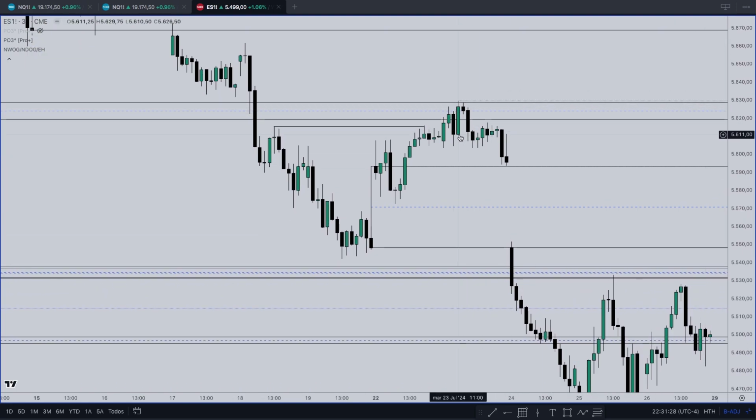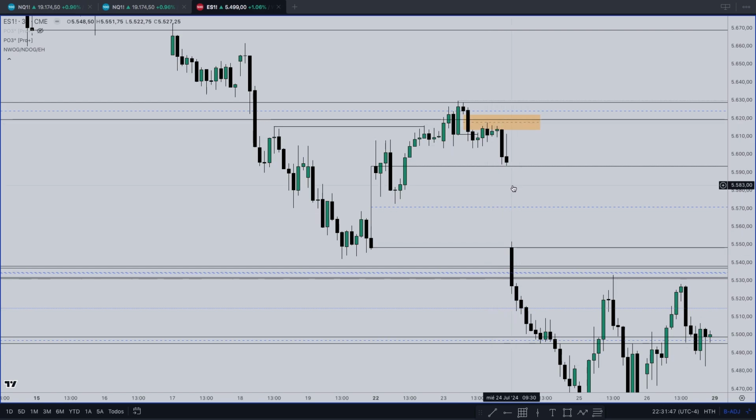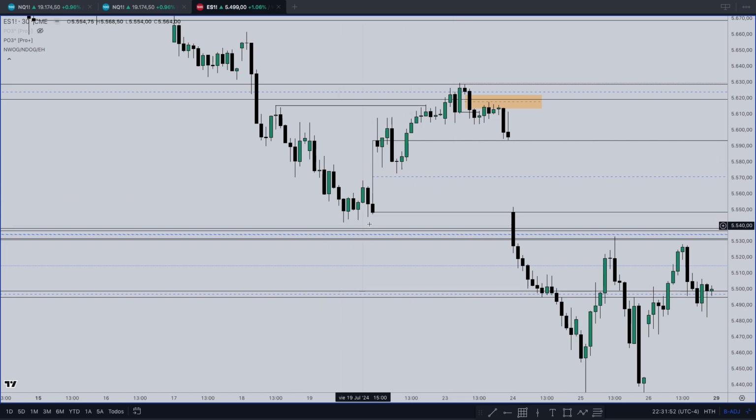We close below this opening price level here in this candle. This is a change of state of delivery, and now we retrace to the 50% of this gap and move aggressively to the sell side liquidity. And this is obvious. Look, this is a very strong confirmation.